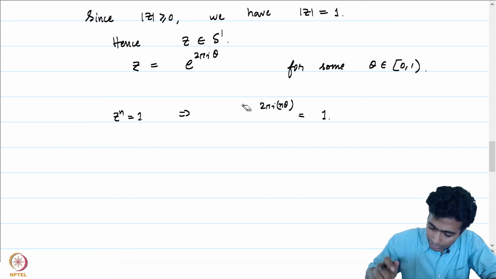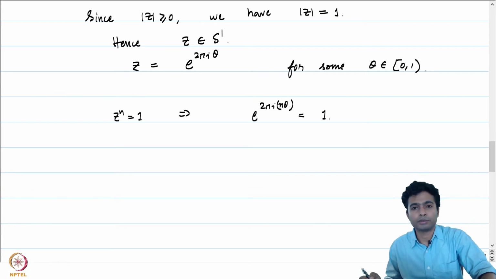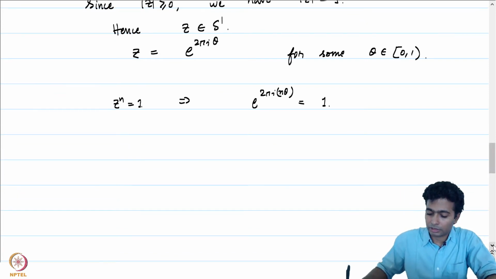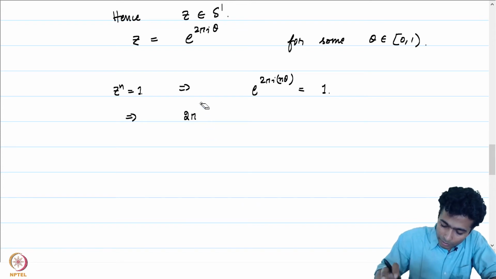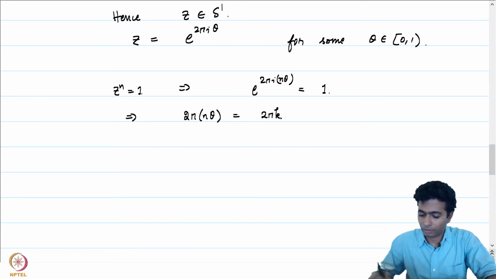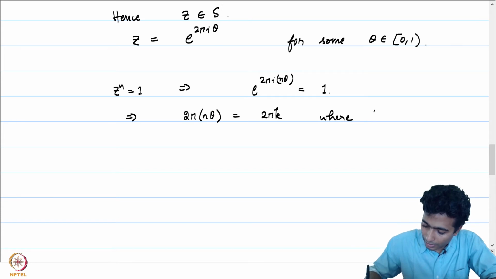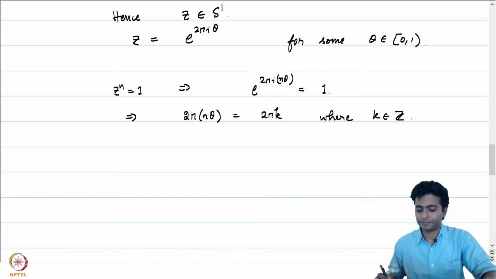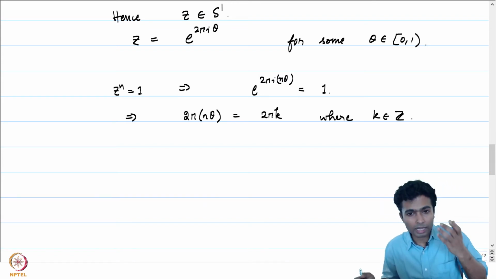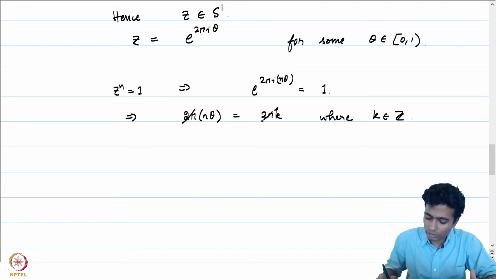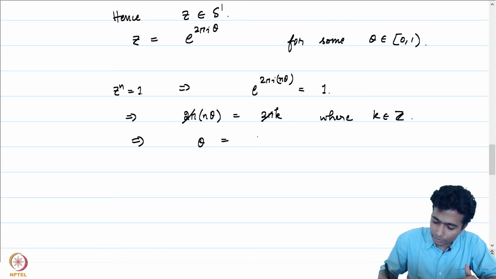Now from trigonometry, this tells us that 2 pi n theta is equal to 2 pi k, where k belongs to the integers. This is precisely when e to the power 2 pi i theta is equal to 1. In this case, n theta will have to be an integer. After cancellation, this implies that theta is equal to k by n, where k belongs to integers.